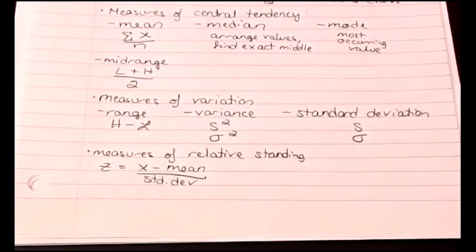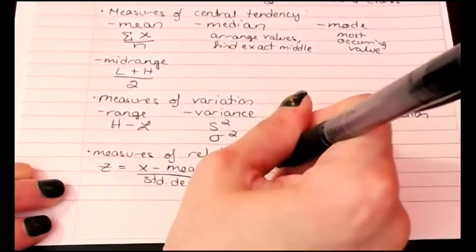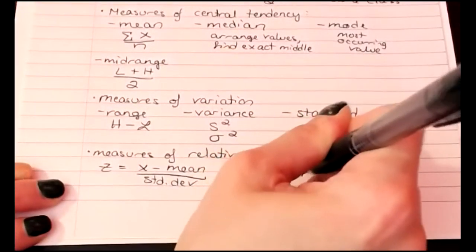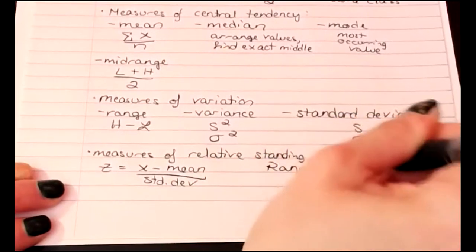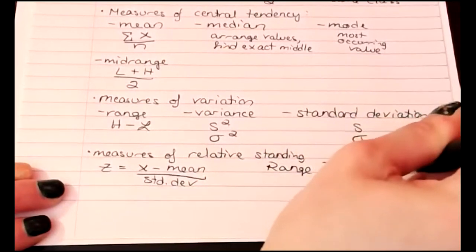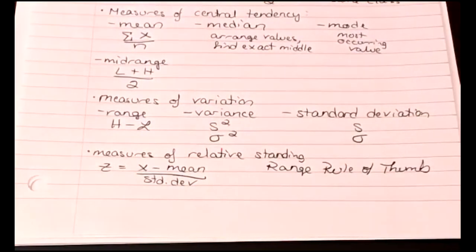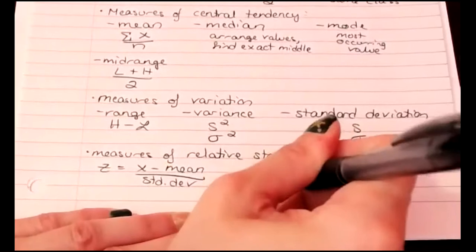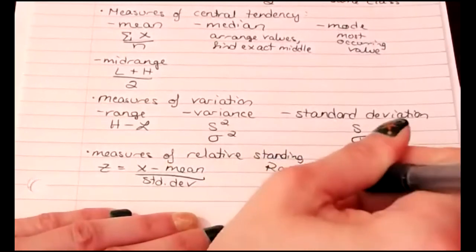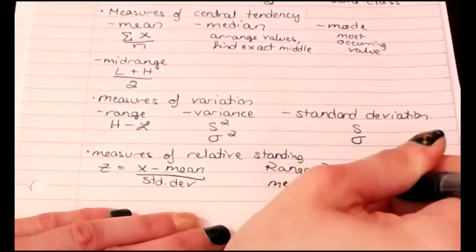Range rule of thumb. At this point, I know a lot of you already know this because we've had to use it again and again. Does anyone know how to find the minimum for your range rule of thumb and your max? The mean minus 2 times the standard deviation and the mean plus 2 times the standard deviation.